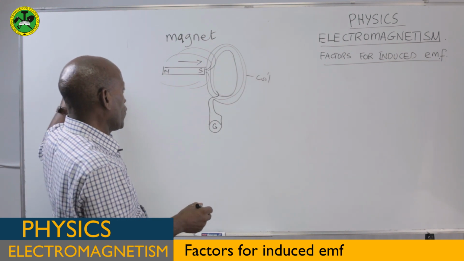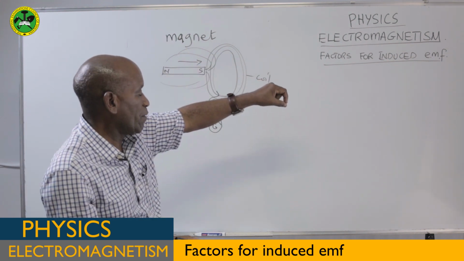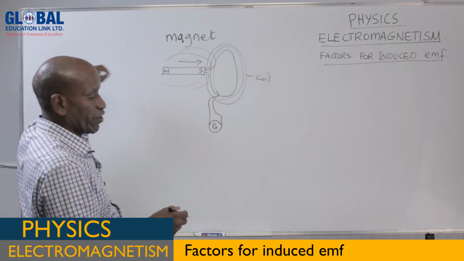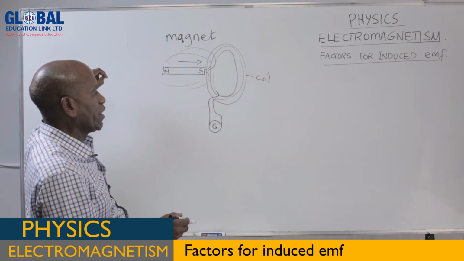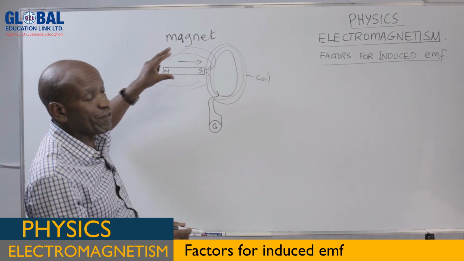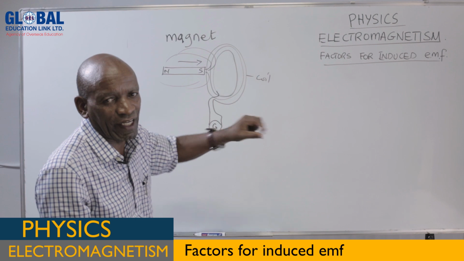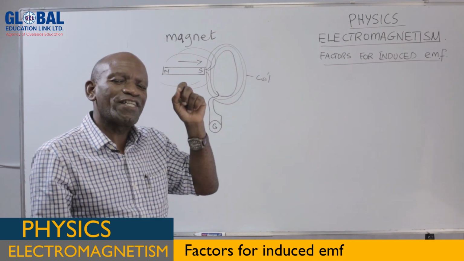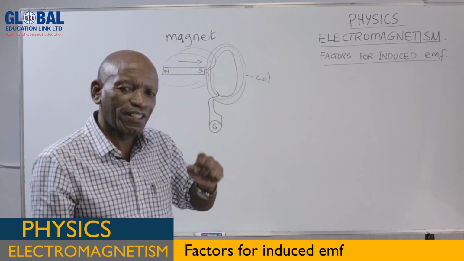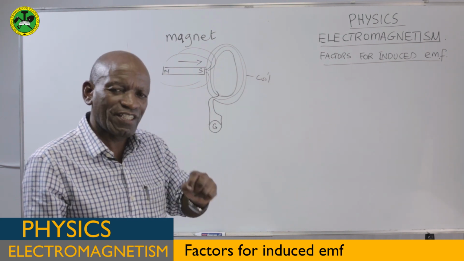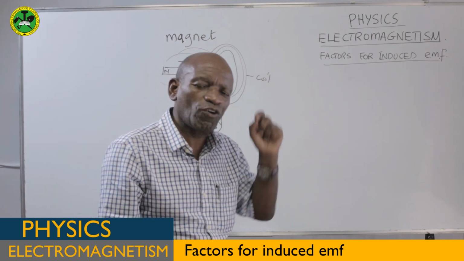Now, the process of pushing a magnet towards a coil, or withdrawing it away from a coil, makes the magnetic field of the bar magnet interacting with the coil vary. And the induced EMF will only be obtained whenever there is such a variation of the interaction of the magnetic field with the coil.